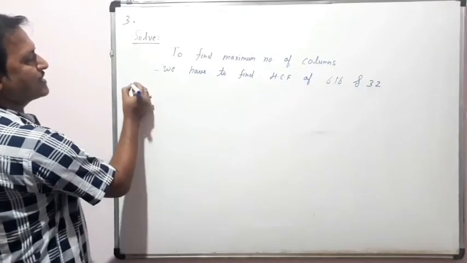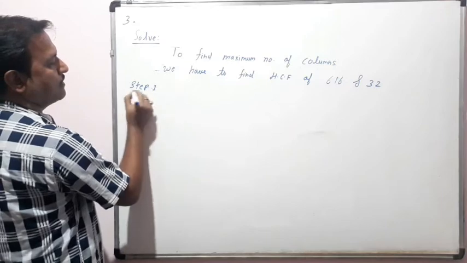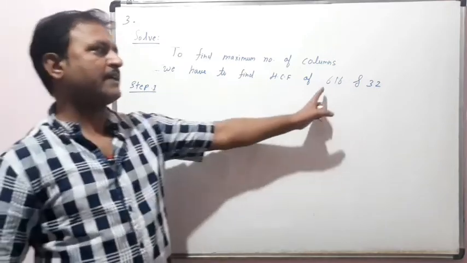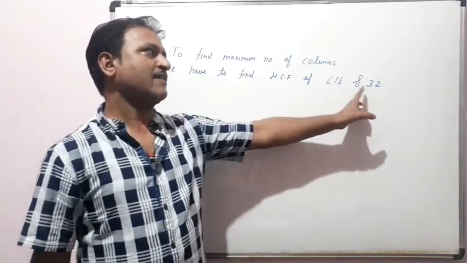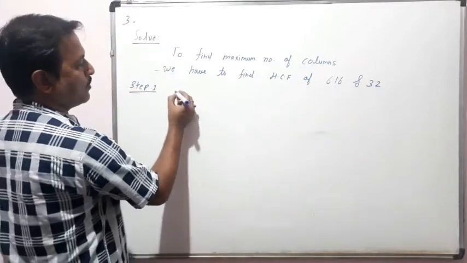So now find HCF. What is step 1 of HCF? Euclid division lemma. Step 1, first of all we decide which is greater number between them.